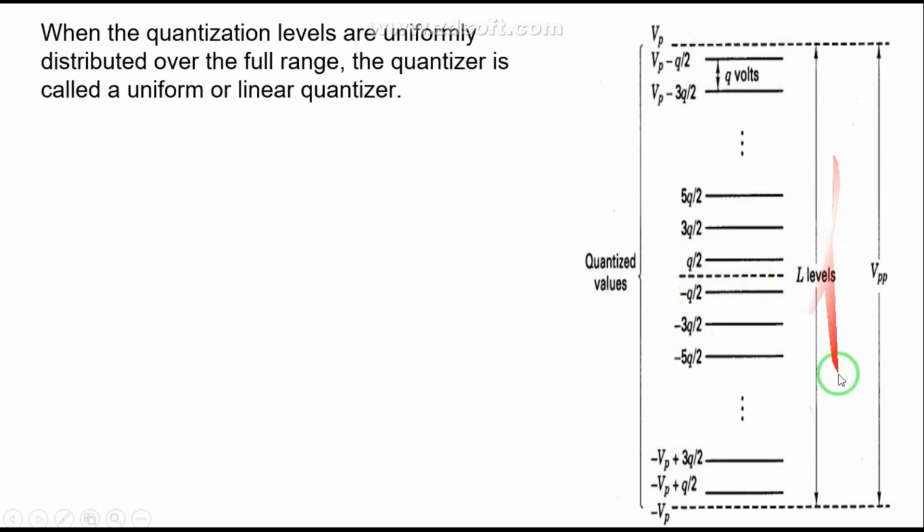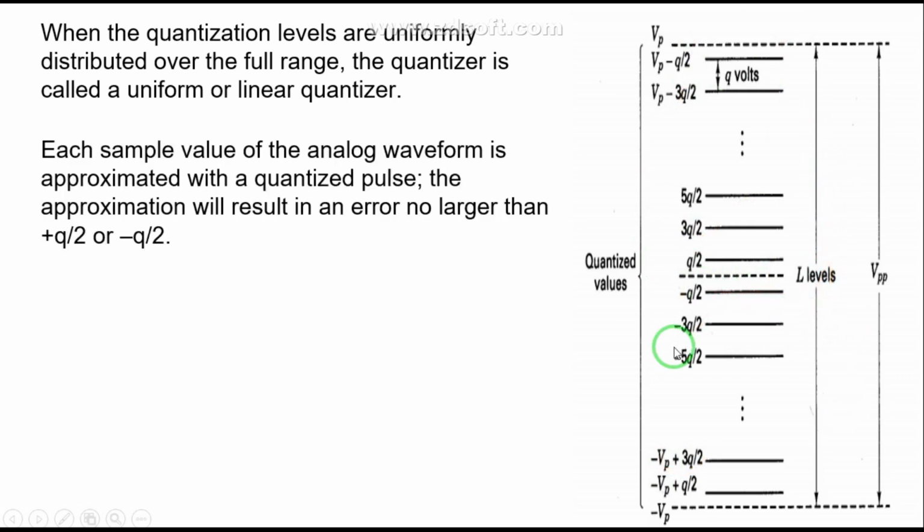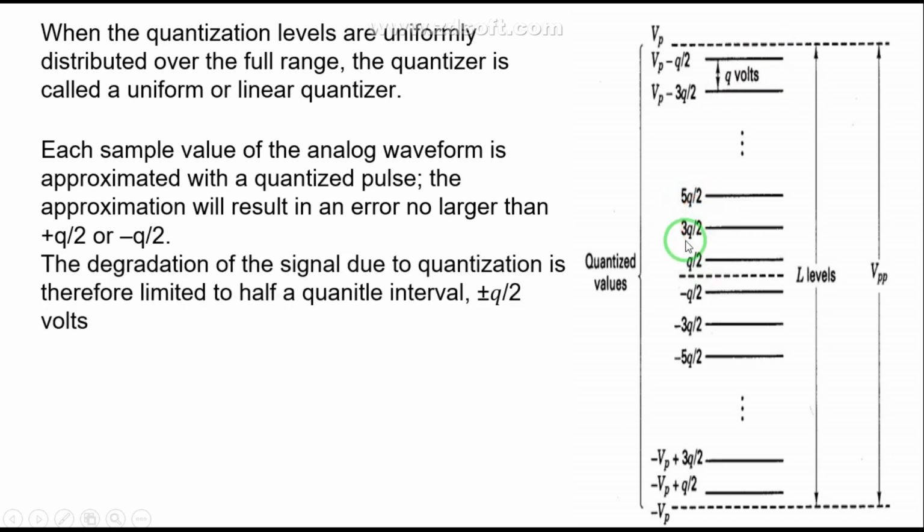There are L levels, and each sample value of the analog waveform is approximated with a quantized pulse, so the approximation results in an error no larger than plus q by 2 or minus q by 2, because we have assigned levels q by 2, 3q by 2, 5q by 2, and so on. The degradation of the signal due to quantization is therefore limited to half the quantile interval, that is plus or minus q by 2 volt.